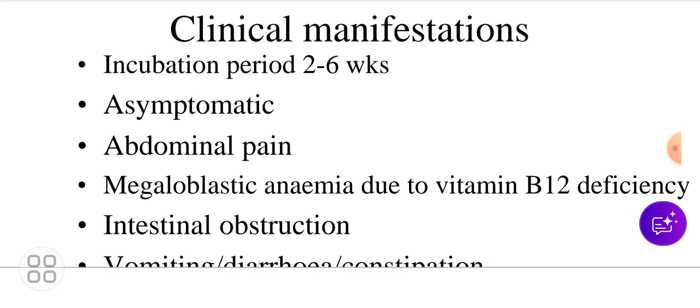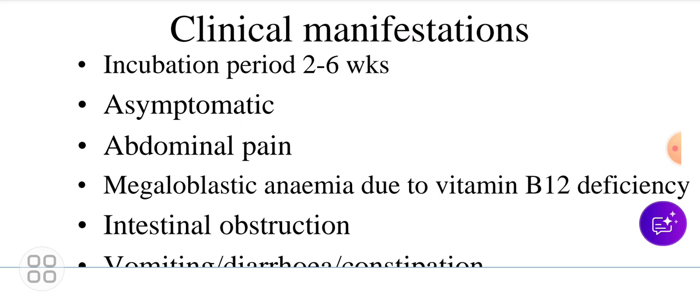The incubation period ranges from 2 to 6 weeks. The incubation period is the duration of time from the time of infection up to the clinical manifestation of the disease. This disease may be mild and even asymptomatic, or abdominal pain of varying intensity.